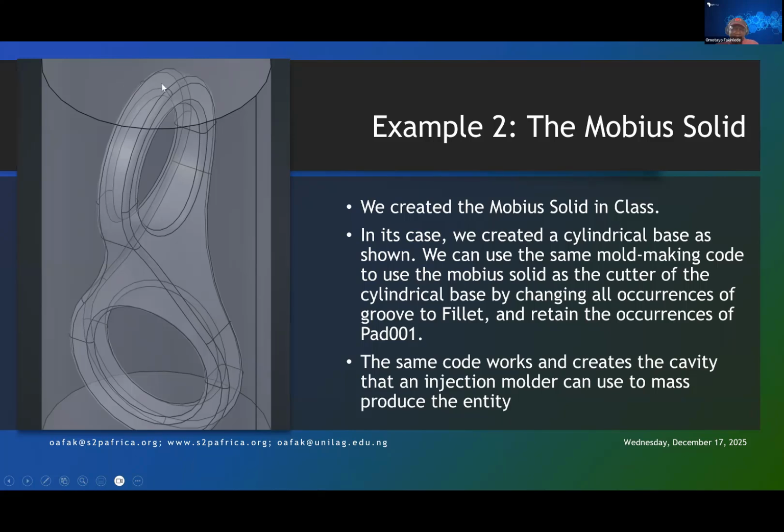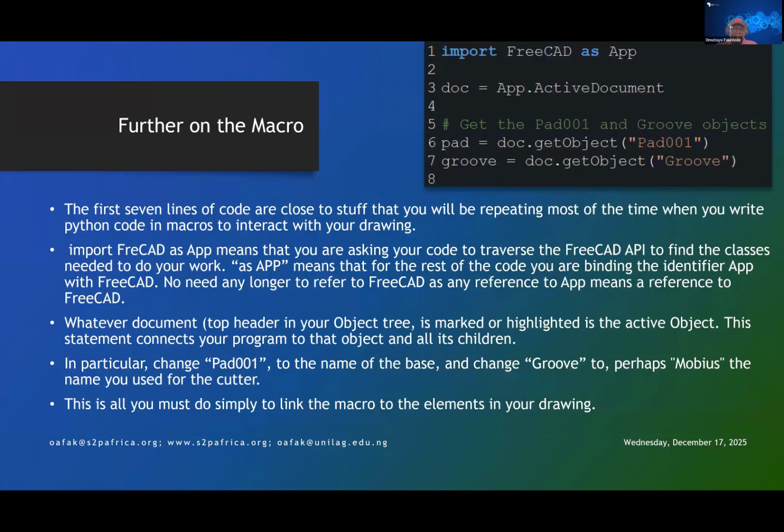This is the same thing we did for the groove that we are now doing for the Mobius. You can do that for any object. What you need to change are the names. You have to check the name of the part that engulfs it, which is a cylinder in this case, and then instead of groove here, you put something like Mobius object.